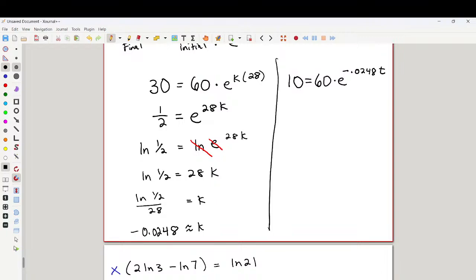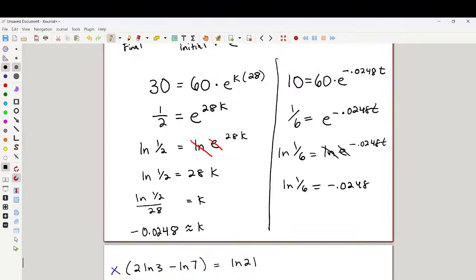So we divide by 60, you get 1/6. We take a natural log of both sides. The e is going to cancel out. And we divide by this decimal and approximate it.